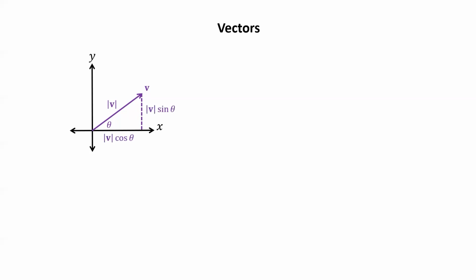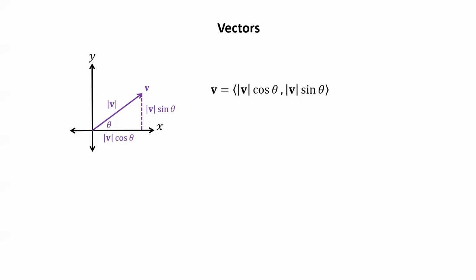From basic trigonometry, the legs have length v cosine theta and length v sine theta. For example, if you look at the adjacent side divided by the hypotenuse of the triangle, you get length v cosine theta over length v, which is equal to cosine theta, as it should be. Similarly for the sine of theta.